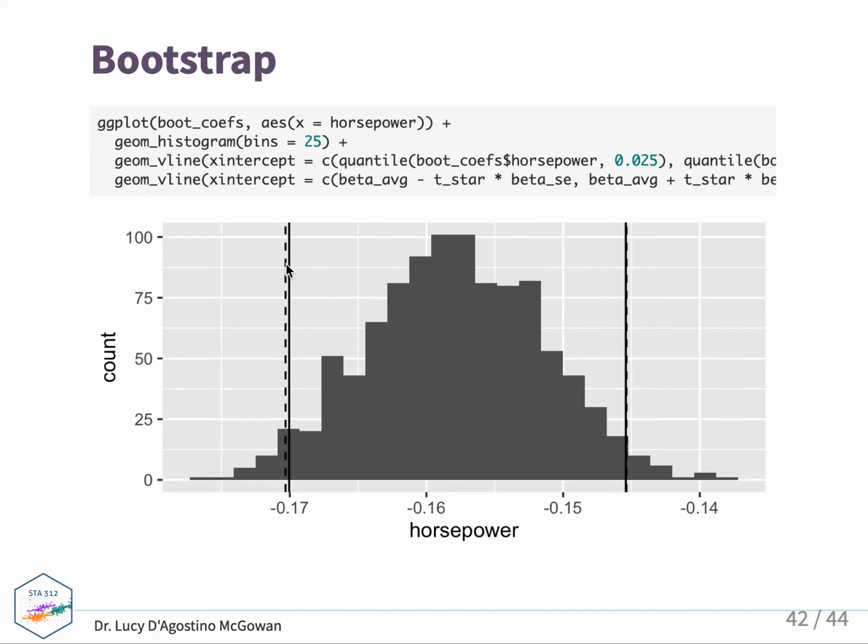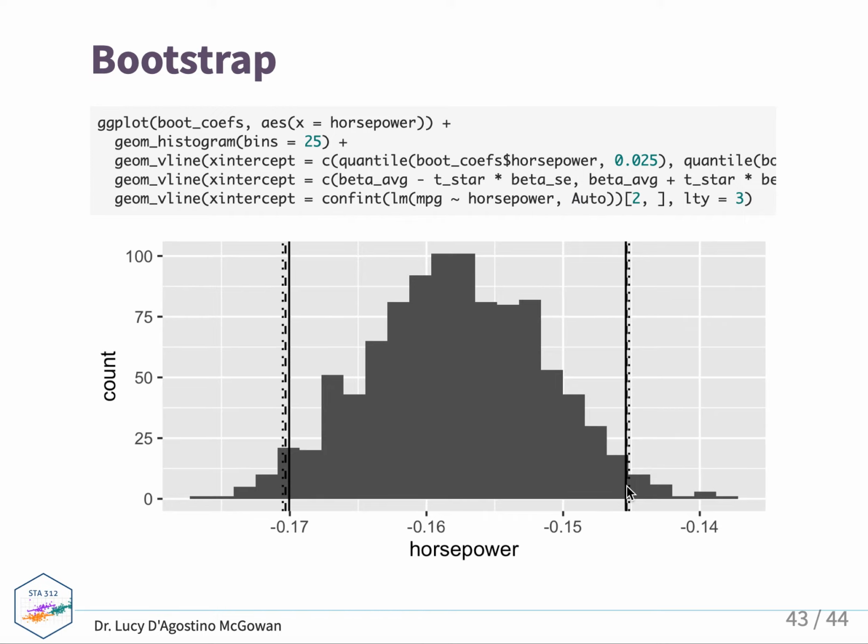This is the bootstrapped standard error method, and as you notice, it's a little bit different than the solid line, but pretty close. It looks like it's a little bit more conservative, meaning that it's a slightly wider confidence interval. And then this dotted line here represents the confidence interval that we would get if we calculated it via the traditional method. All of them tend to be pretty close.